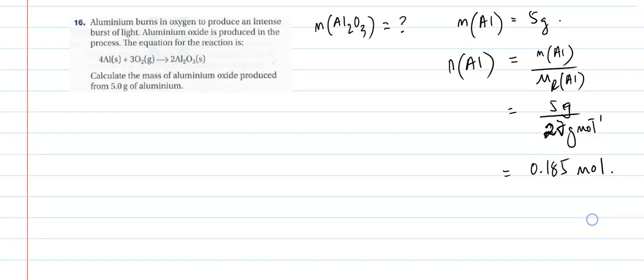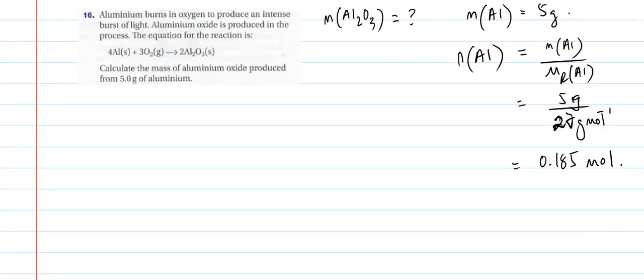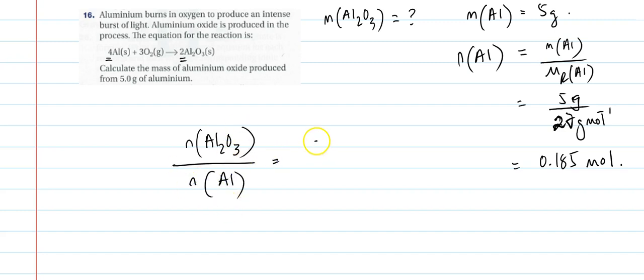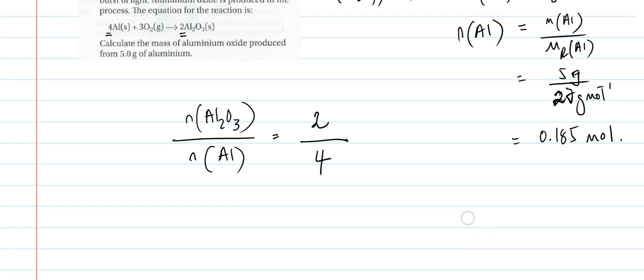So we want to work out the number of moles of aluminium oxide, Al2O3, before we can work out its mass. So we need to use the stoichiometric ratio. So you look here at the equation. You get 2 moles of aluminium oxide for 4 moles of aluminium. So if you set up this ratio there, every 2 molecules of aluminium oxide needs 4 molecules of aluminium. Oh, sorry, 4 atoms of aluminium.